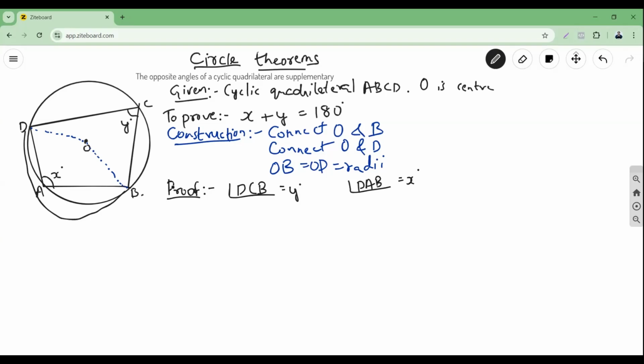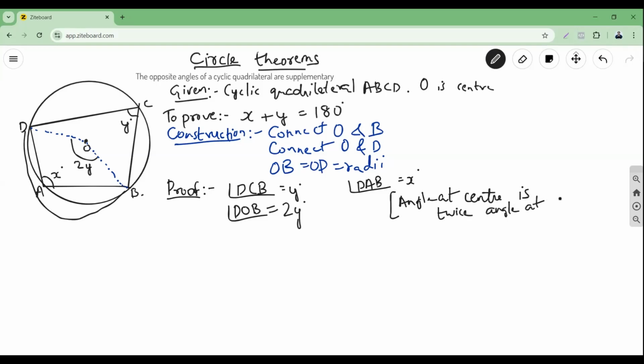And we know the theorem that if an arc is subtending an angle of y at the circumference, then at the center it is going to be 2y. So we can say angle DOB will be 2y. We know it is double. So for that we can write: angle at the center is twice the angle at the circumference. This is a theorem we know.